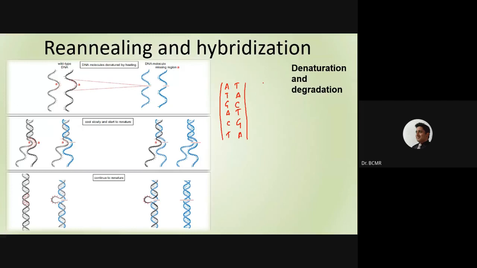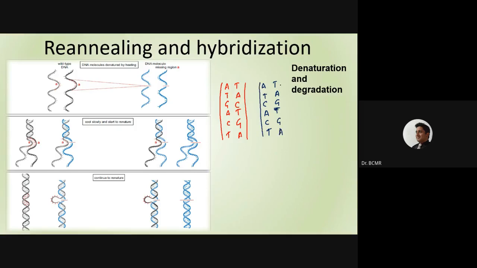I'm also going to draw another DNA molecule, which will have almost the same sequence: A, T, C, A, C, T, T, A, G, T, G, A.